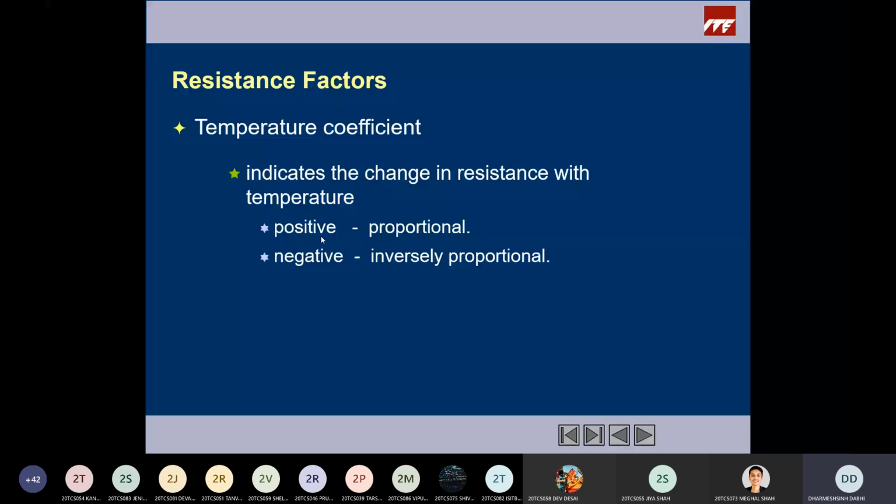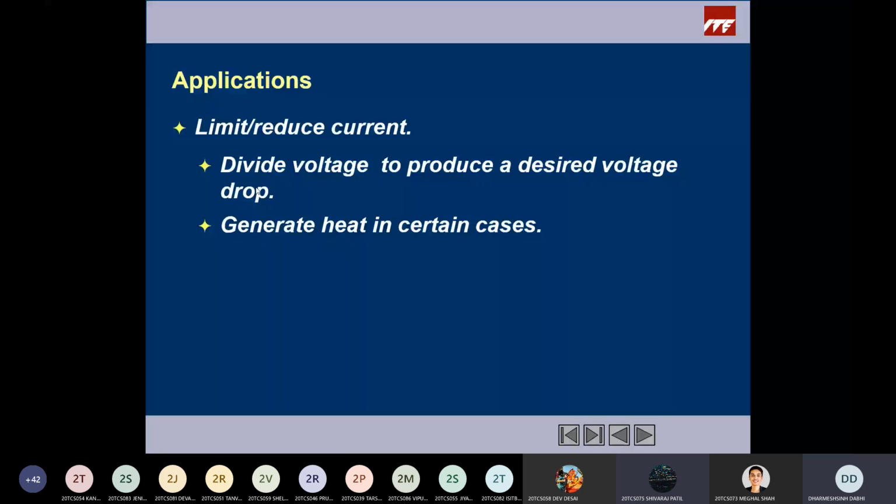Negative temperature coefficient means the resistance value is inversely proportional to the temperature. Clear, all of you? Okay, any doubt up to this? No, sir. So we go for the next topic.